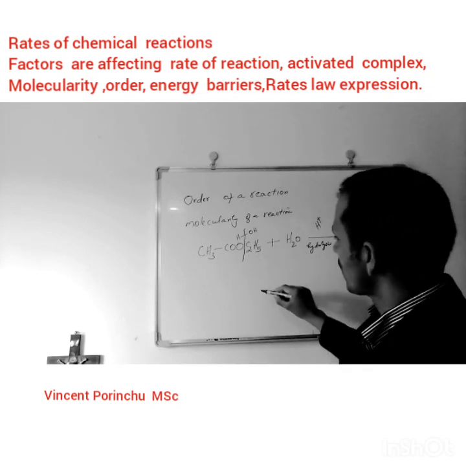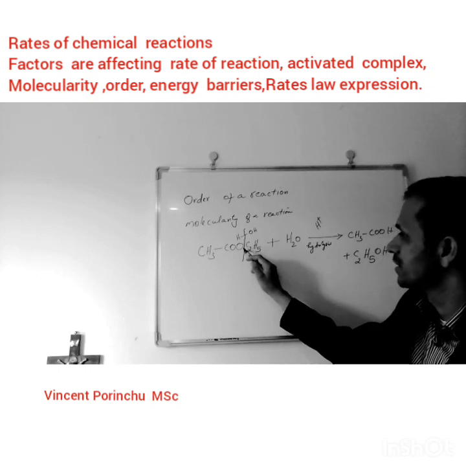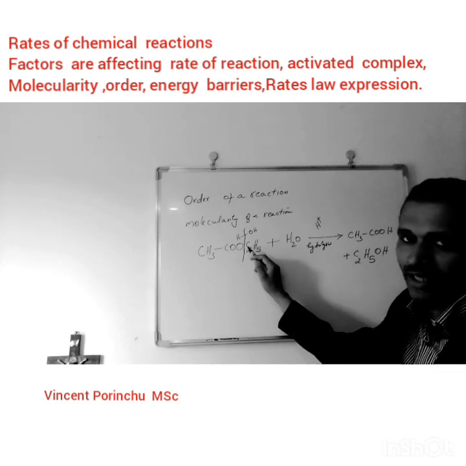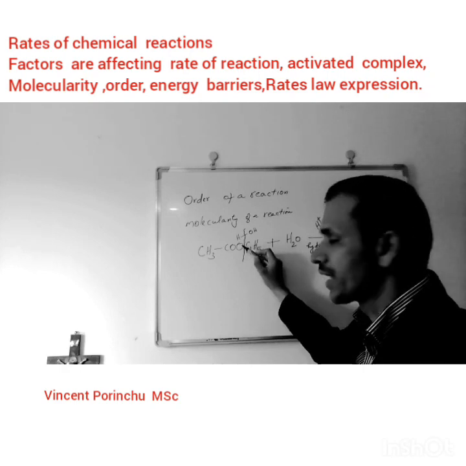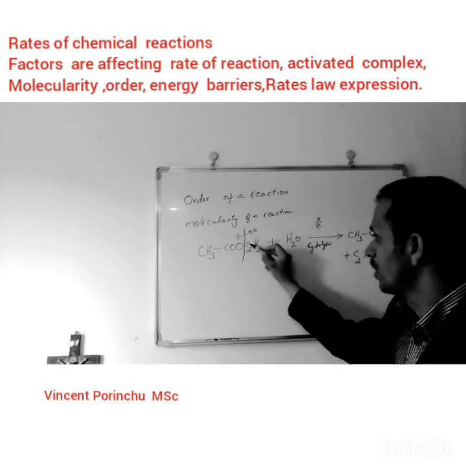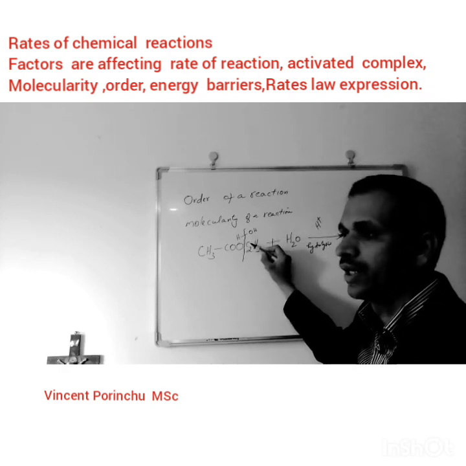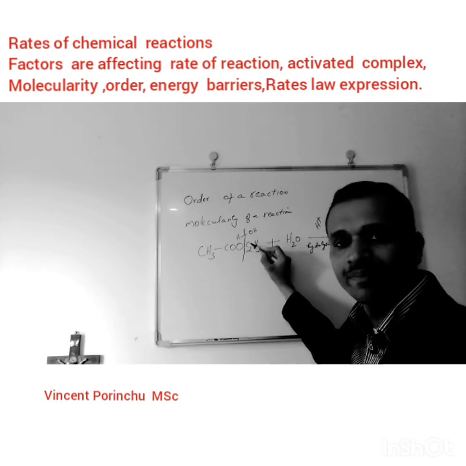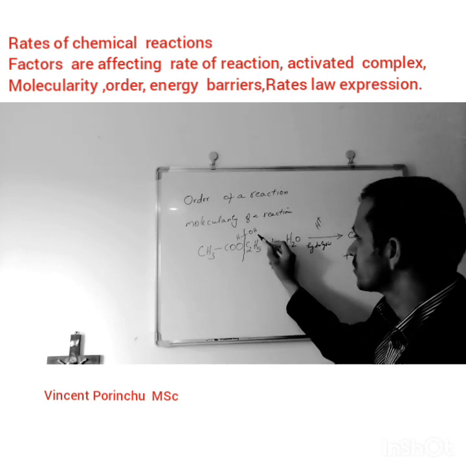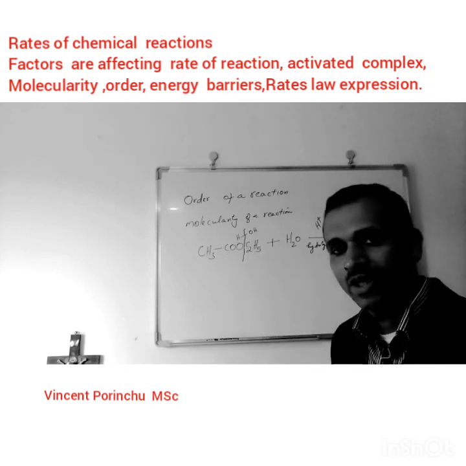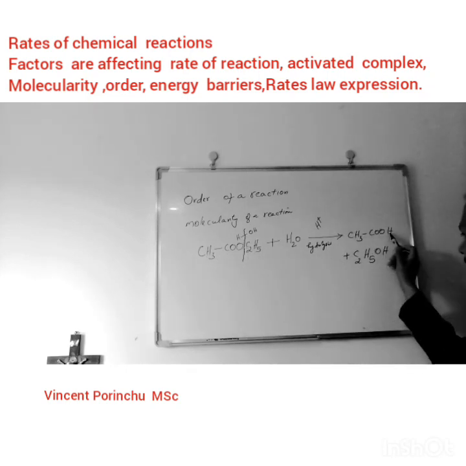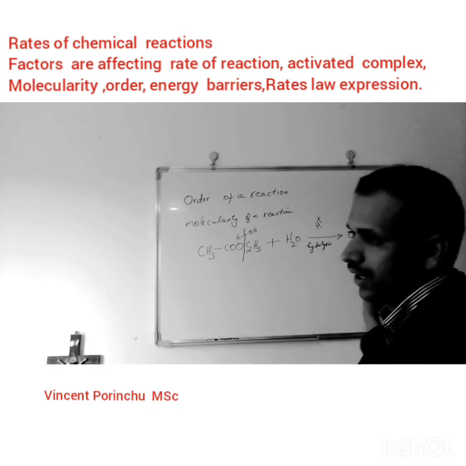During this hydrolysis, this O-C bond breaks, and the H goes to the mostly negative oxygen atom, and OH goes to the mostly electropositive carbon atom. So we will get C2H5OH and CH3COOH, the products acetic acid and ethanol.